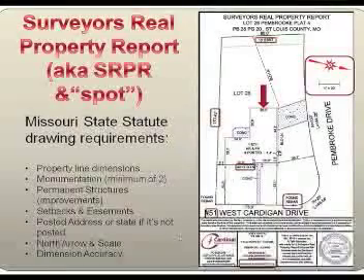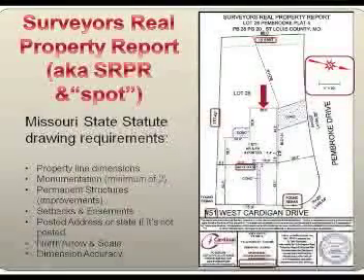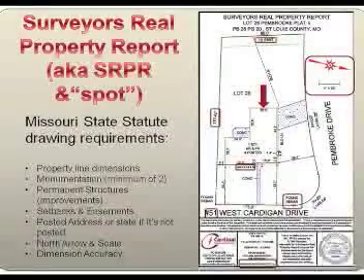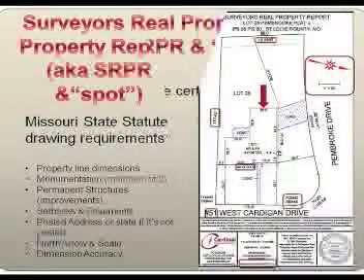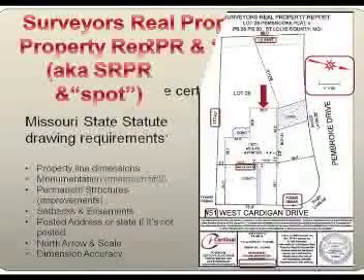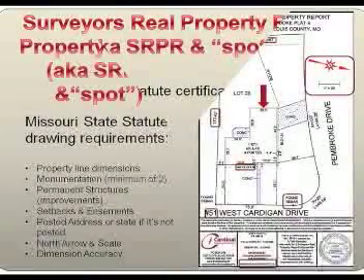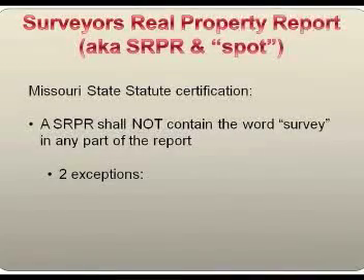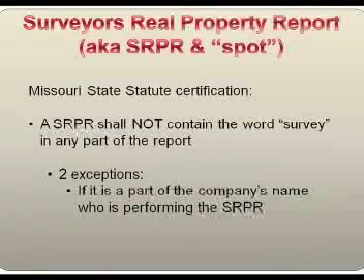Okay, so now what we're going to do is focus on this bottom part of the drawing, and I want to draw your attention to this paragraph that's right here, because this is the one thing that is really going to set apart what a spot is versus what a boundary is. So according to Missouri state law, I am not allowed to even have the word survey anywhere on that drawing.